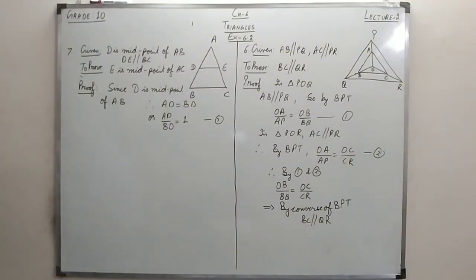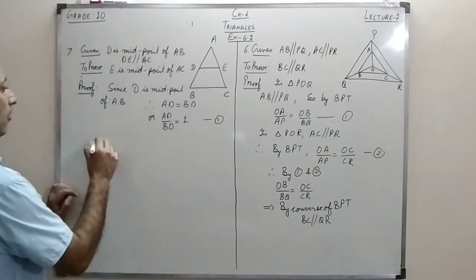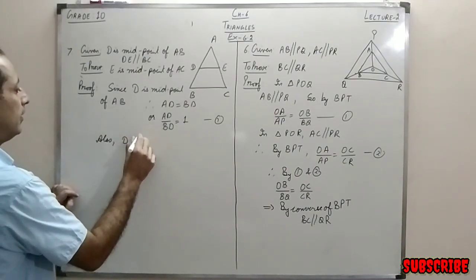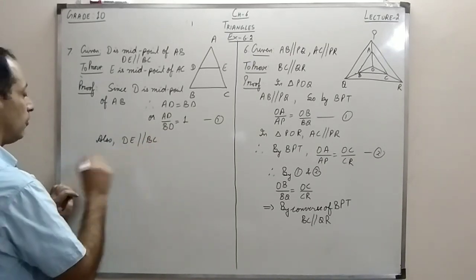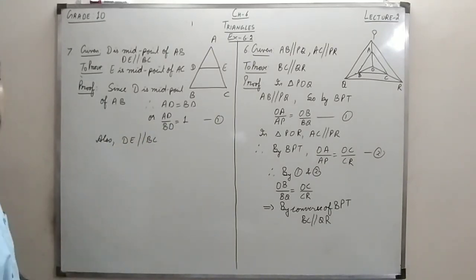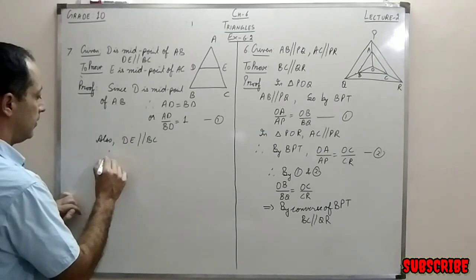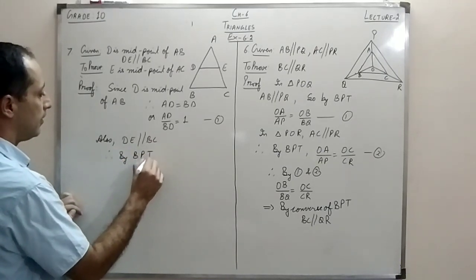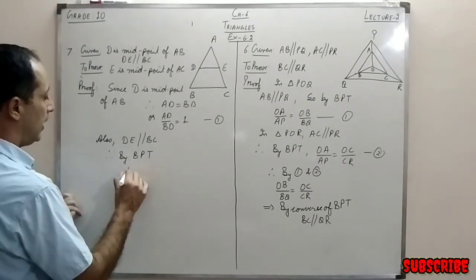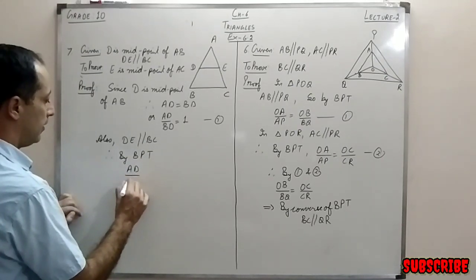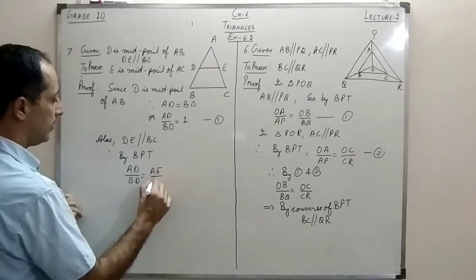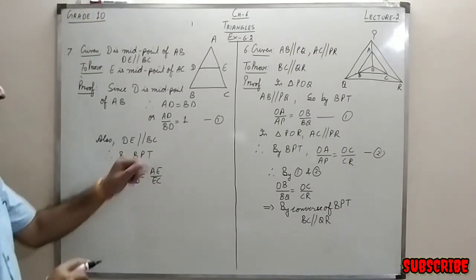What else is given to me? Also DE is parallel to BC. So what I can do, I can just apply the BPT theorem here. So I say, therefore, by BPT, AD upon BD is equal to AE upon EC. Now AD by BD is 1.